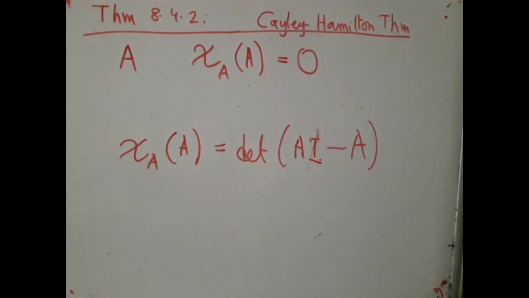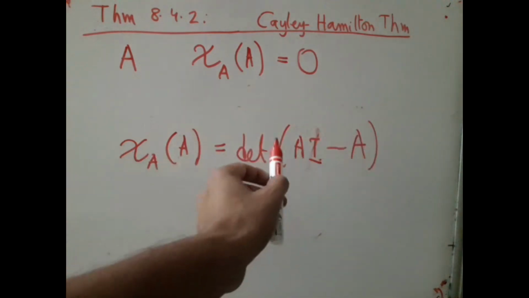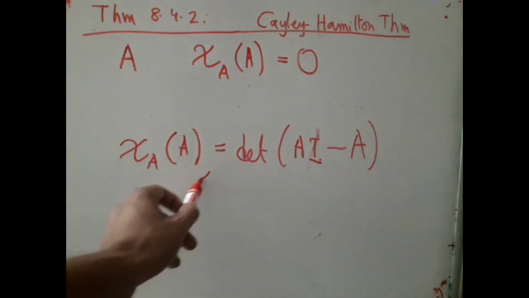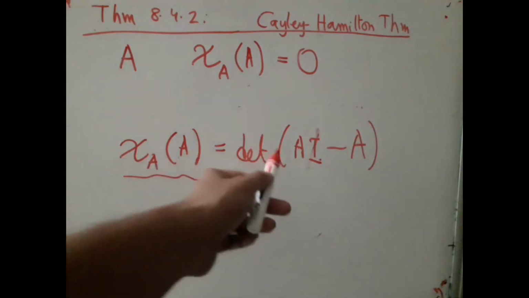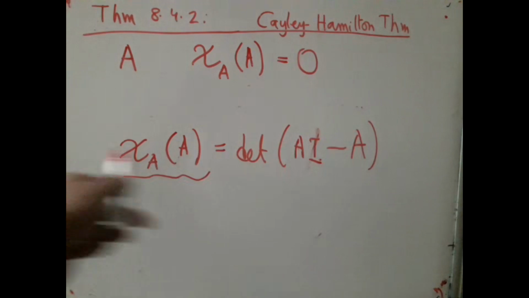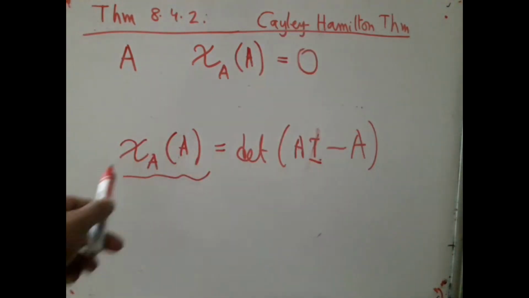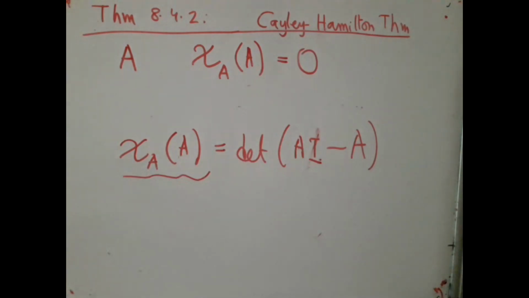That is not correct because of a number of things. Number one, if you really do this, remember the determinant of this is just a number, whereas this is a matrix. So a matrix cannot be equal to a number. So this result just simply cannot be true. This 0 is a matrix 0. But if you try to do it, you will get scalar 0.